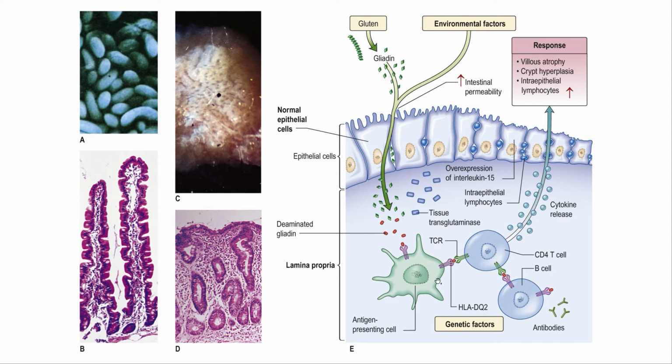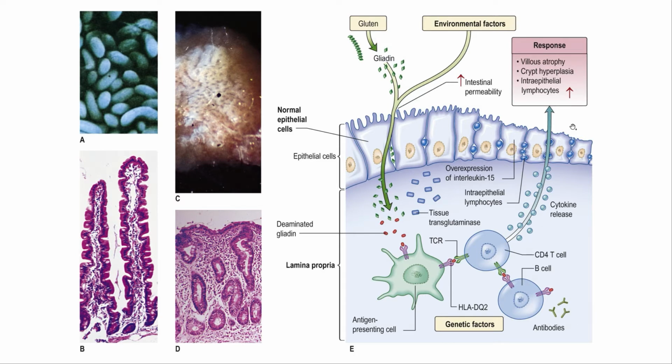The antigen presenting cell presents the deaminated gliadin to T cells. The T cells will release cytokines which cause changes to the mucosal cells, but at the same time the T cell will talk to the B cell and cause isotype switching in the B cell to promote the production of antibodies. These are the antibodies that we test in celiac.